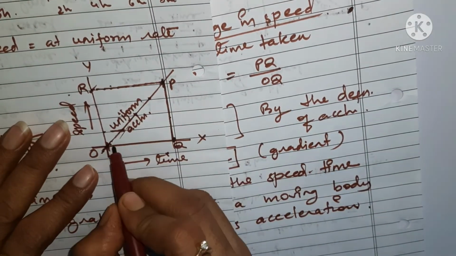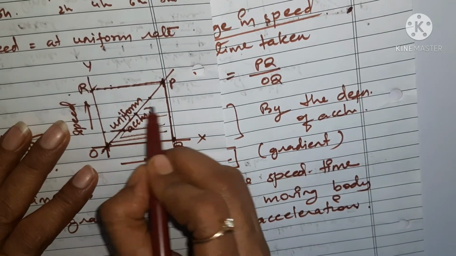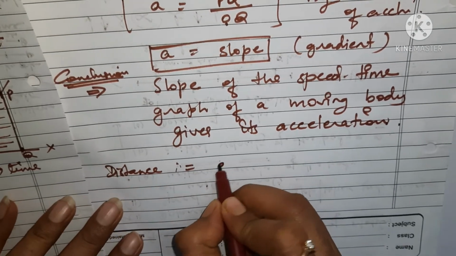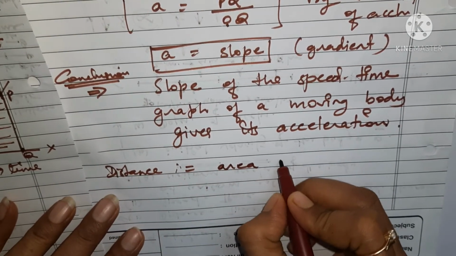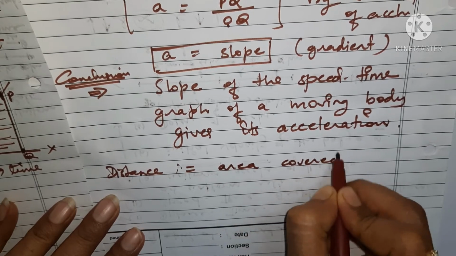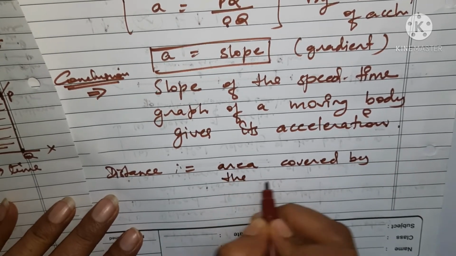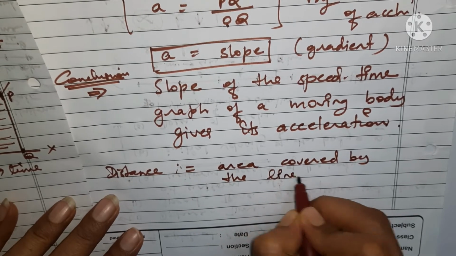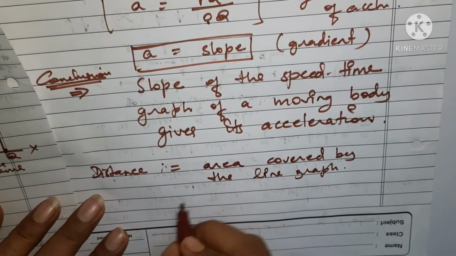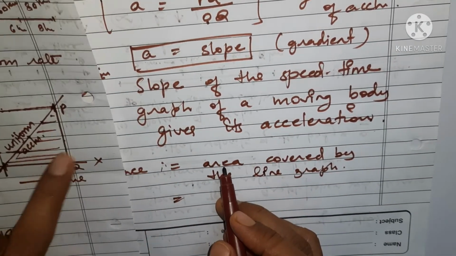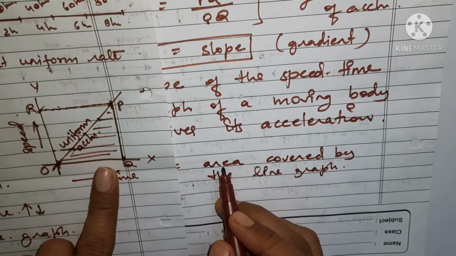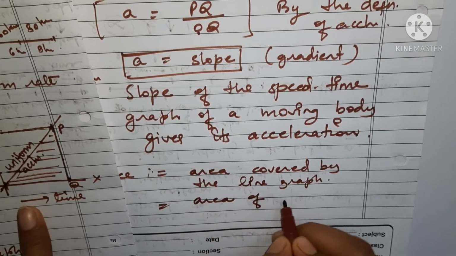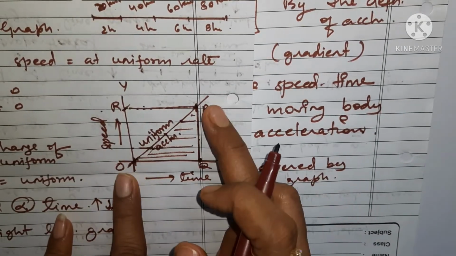So the distance of the moving body is given by the area covered by the line graph, I am writing. What is the shape of the area being covered here? You can see it is a triangle. So let us write the area of triangle. Which triangle is it? Say OPQ.